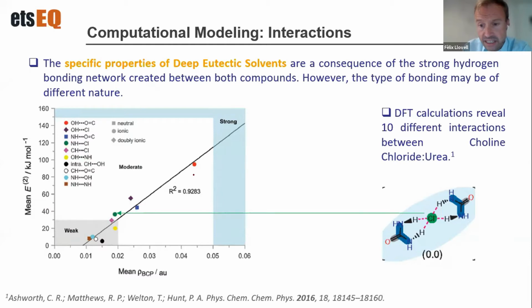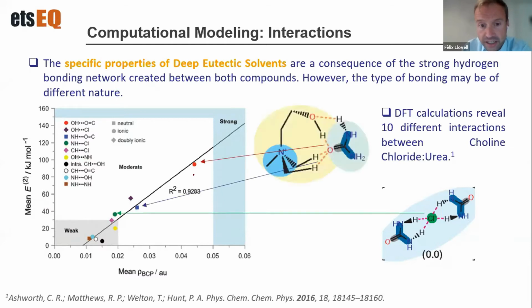And we can see that by far, the strongest interaction, which occurs more often, is that between the urea molecule and the choline molecule. In this particular case, it is the hydroxyl of the choline, the OH, which is interacting with the oxygen of the urea here.